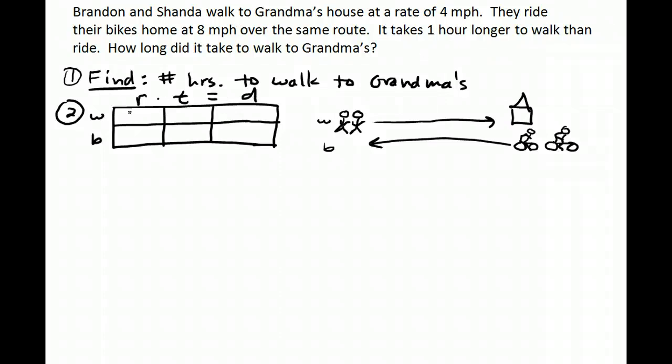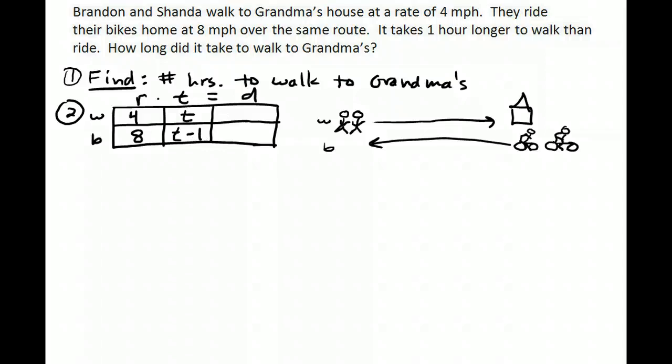Looks like when they walk, they're going 4 miles per hour, and when they ride their bikes, they're going 8 miles per hour. So how long are they going? Well, I don't know how long it takes to walk. That's my t. But I know it takes 1 hour longer to walk. So if I put a t in this box, the biking amount of time has to be 1 hour less. So I would put a t minus 1 in that box.